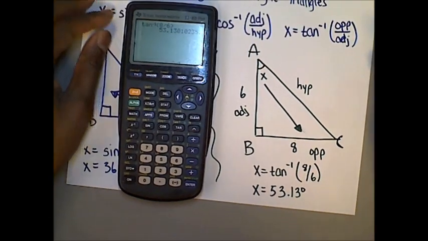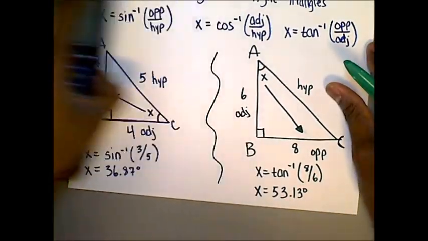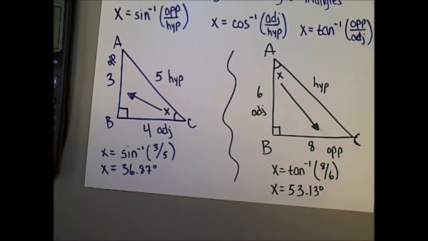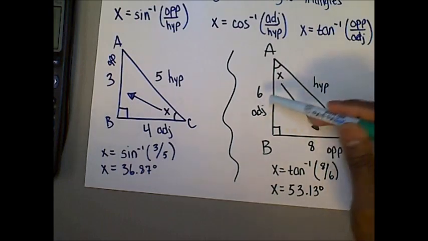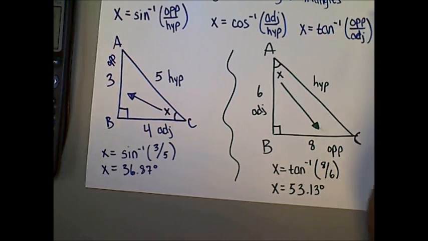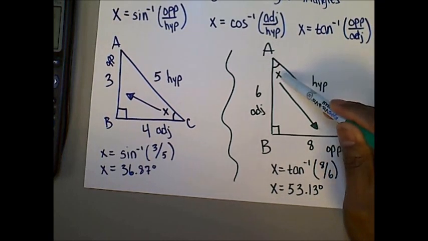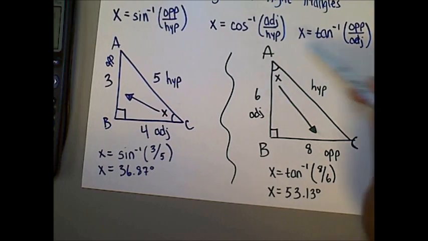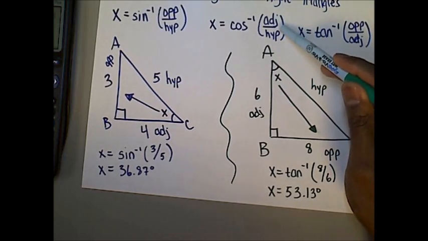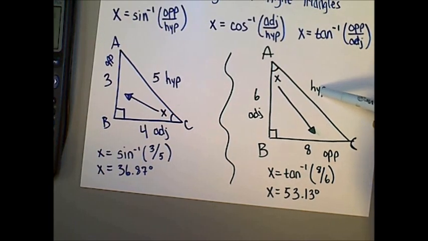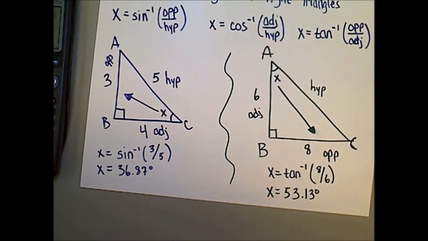So, a couple things to be sure of. Make sure that, just like the last example, you check what you have been given to work with. Here on this second example, I was given the adjacent and opposite side. So it means I had to use the tan inverse to find the angle. If all I had been given was the adjacent and the hypotenuse side, I would have used the cosine inverse. And if all I had been given was the opposite and hypotenuse side, I would have used the sine inverse.